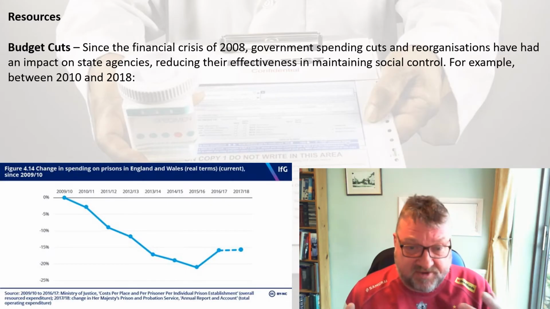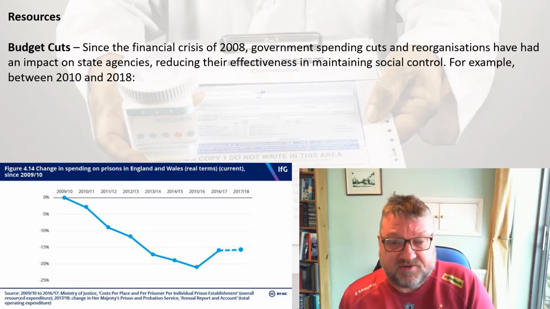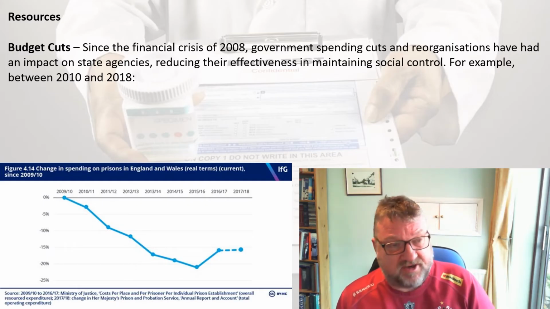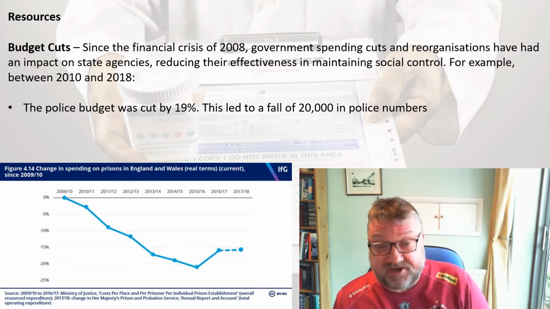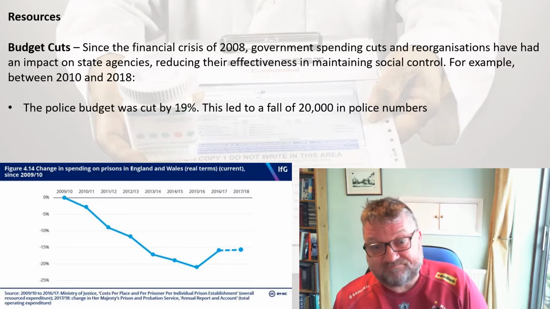Now, we will look at some of these in more detail in the next 2 PowerPoints, but just to give you an idea, have a look at this. Between 2010 and 2018, the police budget was cut by 19%, which led to a fall of 20,000 police numbers.